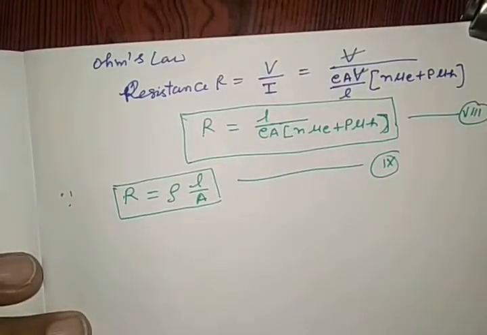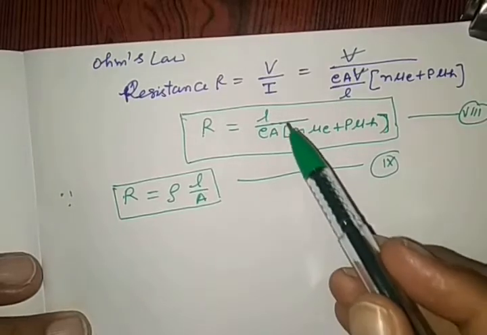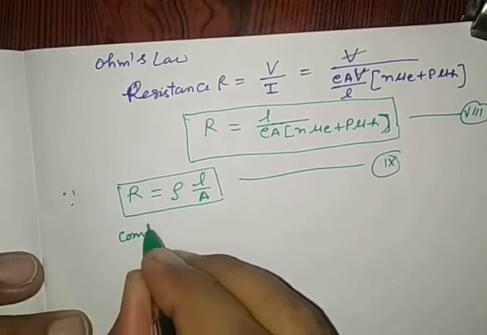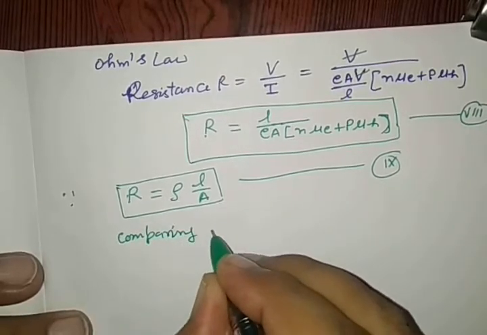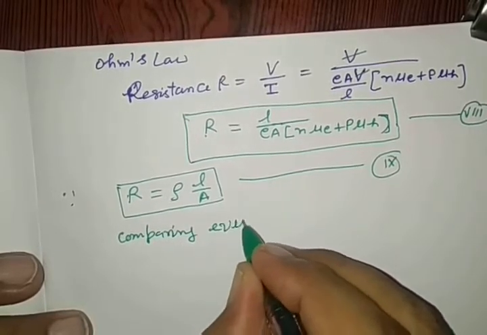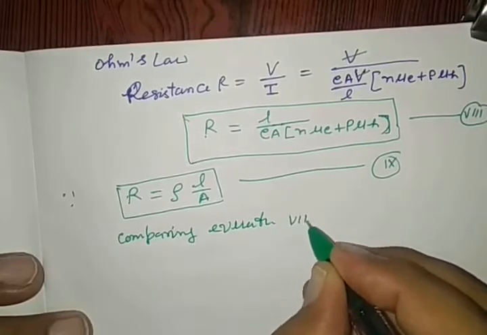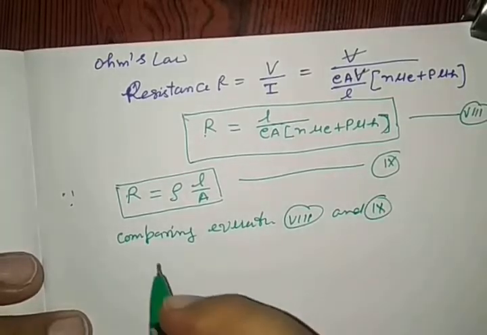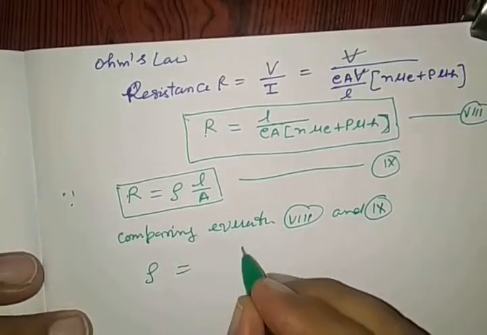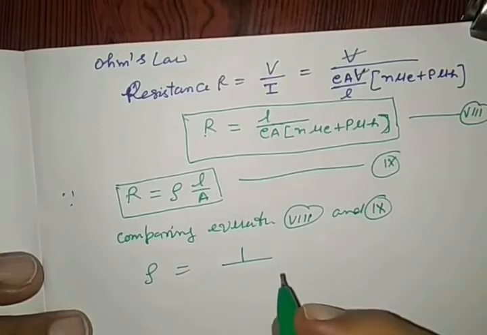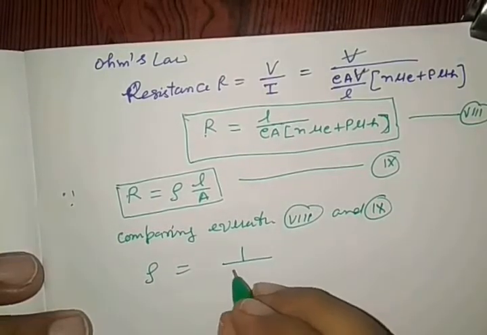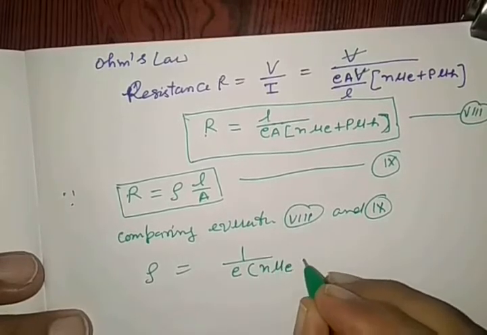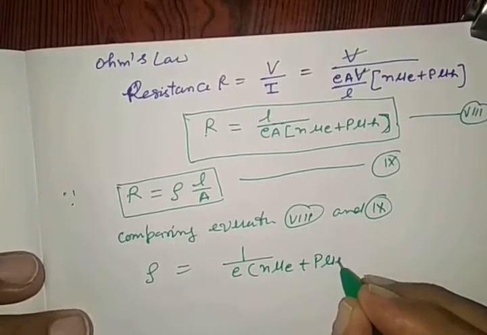Comparing equations 8 and 9, L by A cancels, so rho is equal to 1 by e (n mu e plus p mu h).